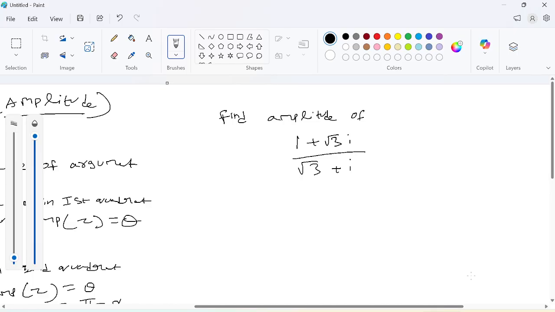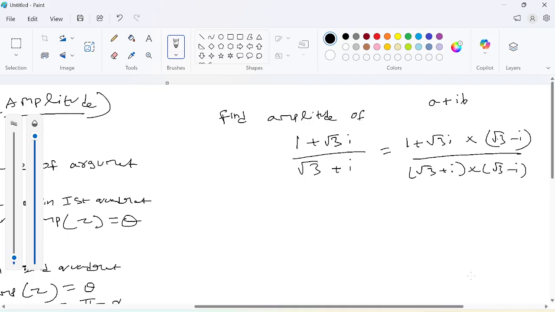See, whenever I get something like this, first I have to convert it to a single complex form. That means I have to convert everything to A plus iB form. The denominator I have to make a real number, that means rationalization. We are told, right? 1 plus root 3 i, and then into root 3 minus i by root 3 plus i into root 3 minus i, because I am multiplying numerator and denominator.